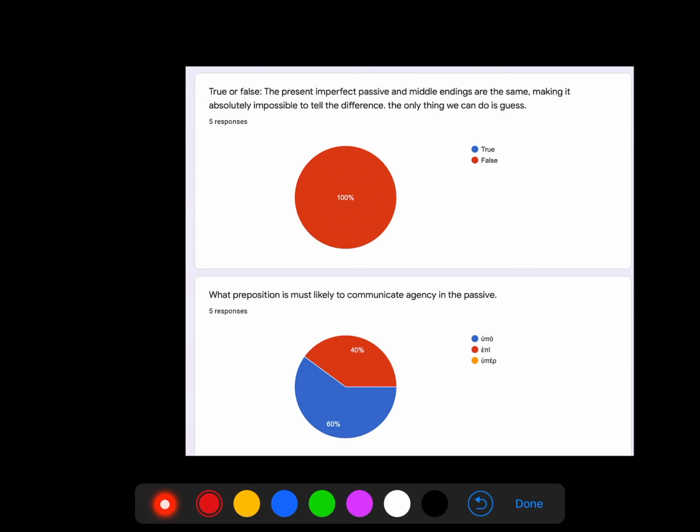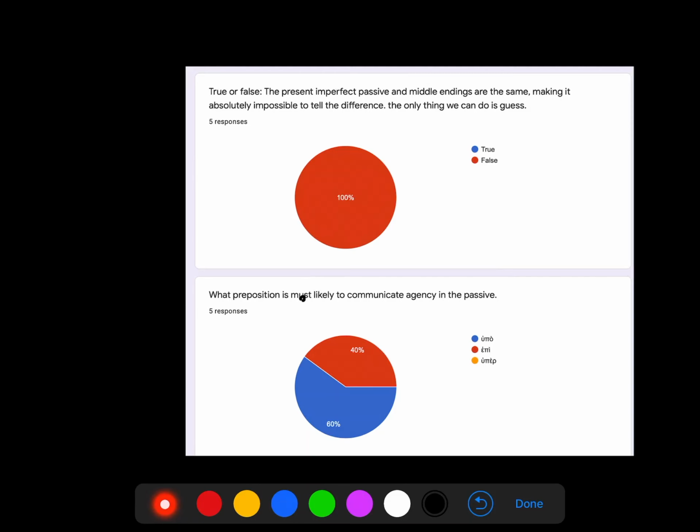Okay, but this one, what preposition is most likely to communicate agency in the passive? Remember, the agency is going to tell who is actually performing the action, right?